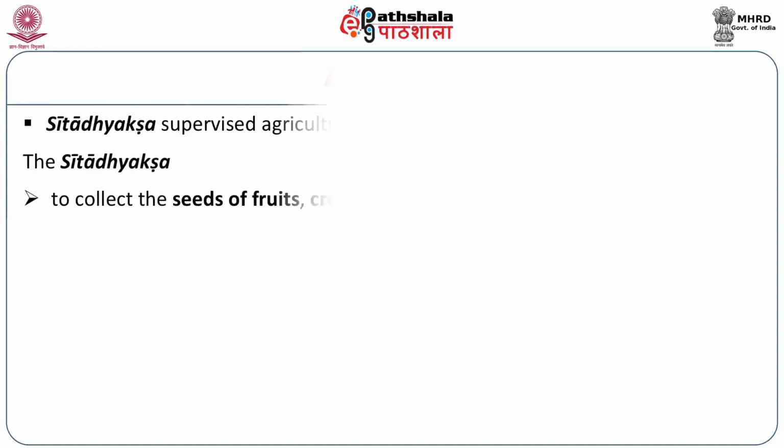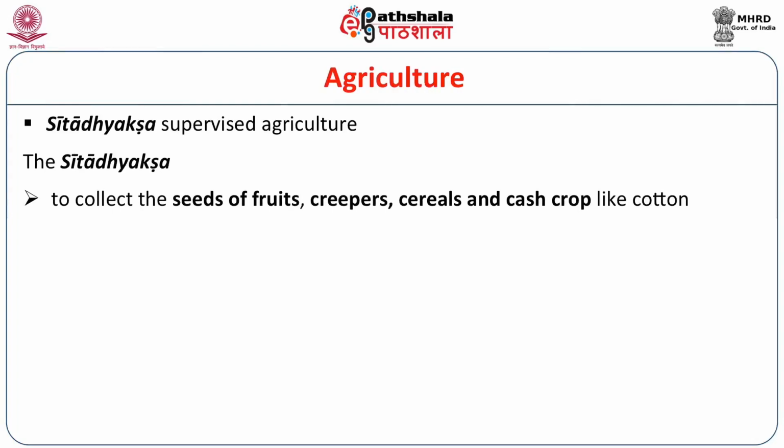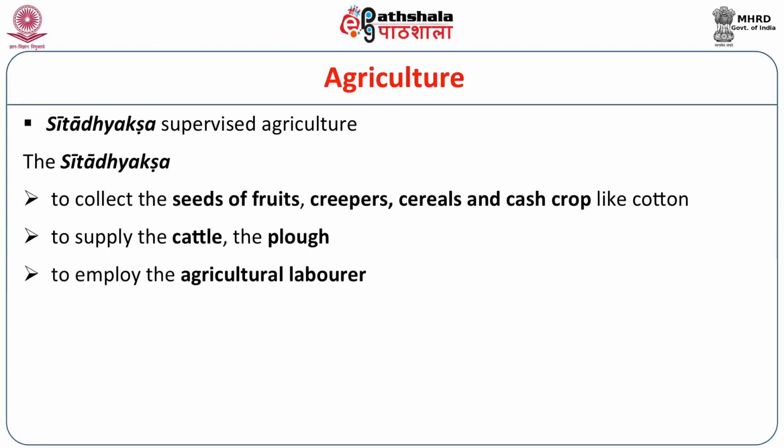Those were concerned with collecting the seeds of fruits, creepers, cereals and cash crops like cotton, supplying the cattle and the plough, and employing the agricultural laborer, facilitating the tasks of cultivation. Students, you must know that agricultural operations cannot be possible without employing human resources.